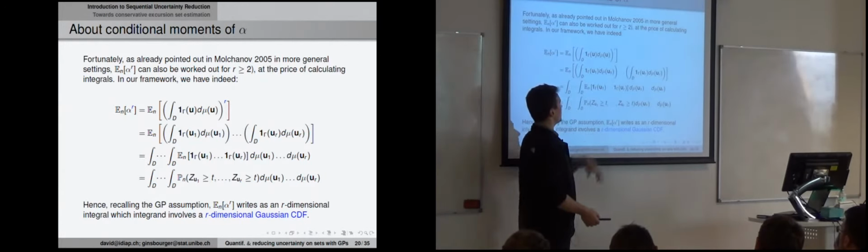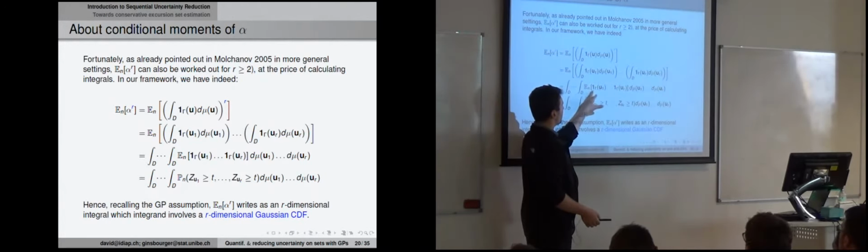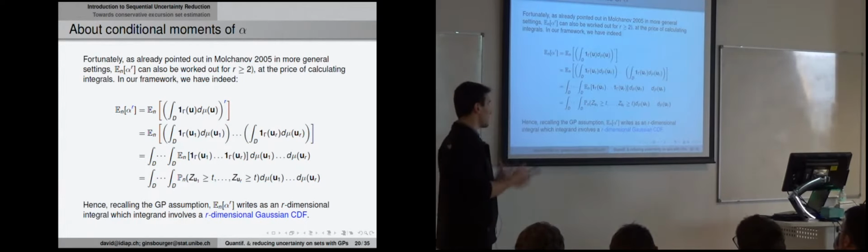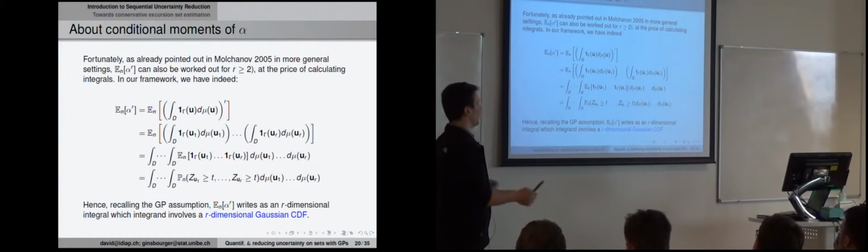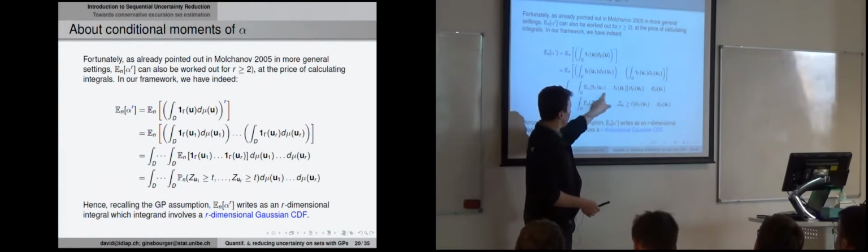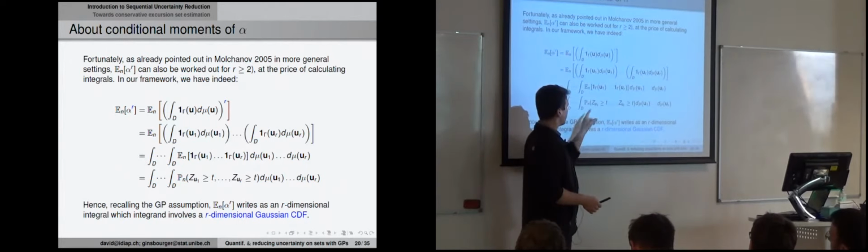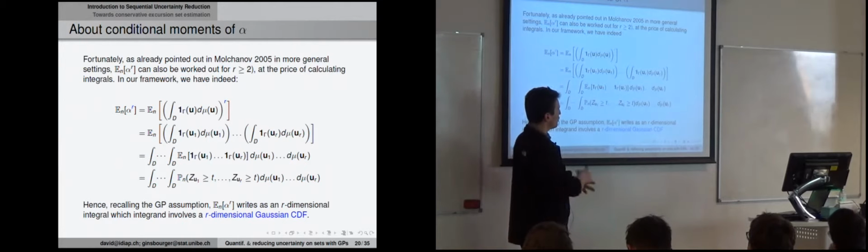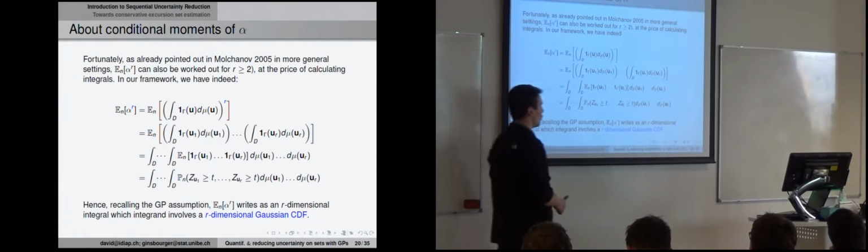If you swap it with the expectation, you end up with the expectation of a product of indicator functions, which is none other than a probability. So the expectation of this product of indicators is the probability that you're in excursion simultaneously at all the points, and that you integrate over the product domain.